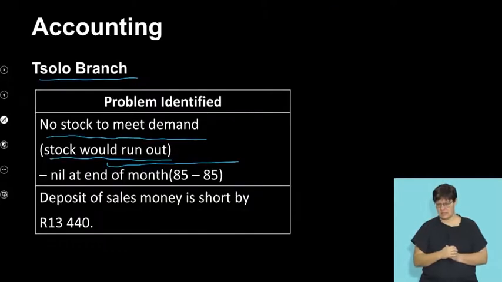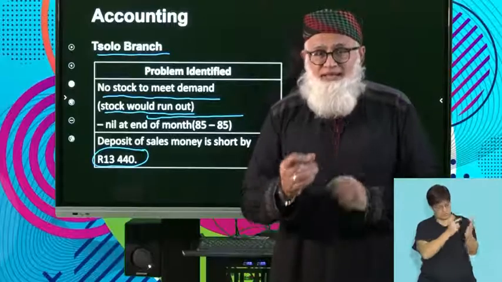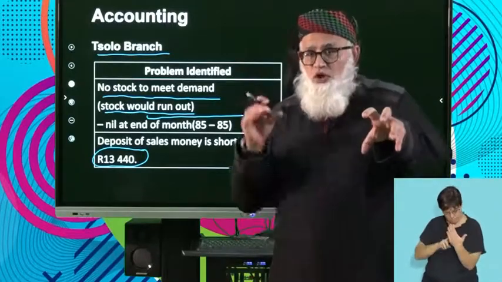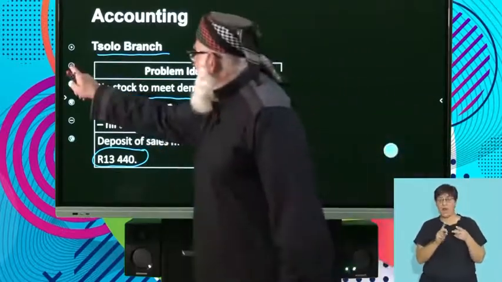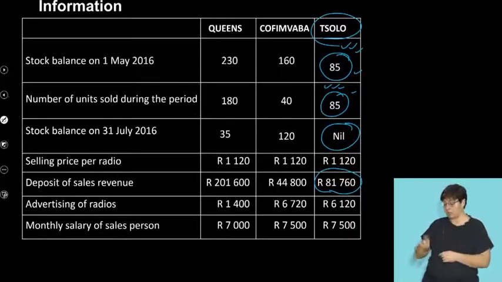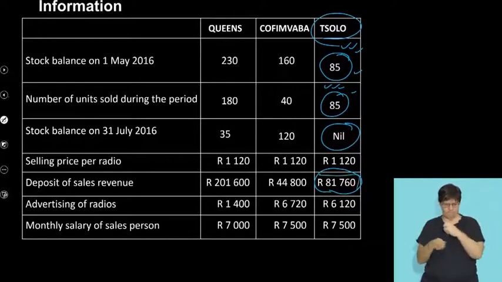Clearly you can see that the deposit is short of 13,440. So again, you've got to study the information and look at the number of units that I sold, what I sold it for, and the amount that I should deposit. Clearly you can see here that the deposit of my sales revenue is short.